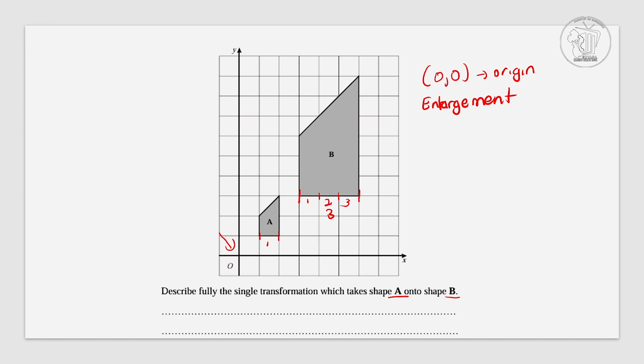The scale factor is simply found by taking the length of one side of the image and dividing it by the length of the corresponding side of the object. So the scale factor here would be 3 divided by 1, which is the same thing as 3.